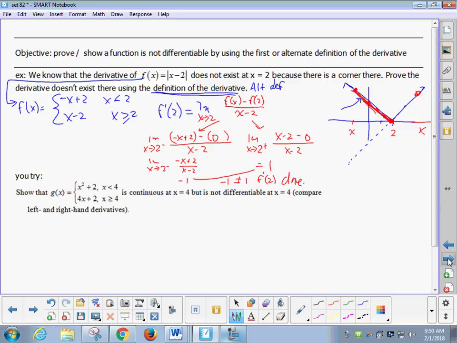All right. Would you try, these are hard, you need to practice them, so try that one. Notice it first asks you to demonstrate continuity, then show not differentiability. So you should have 2 pieces to this.